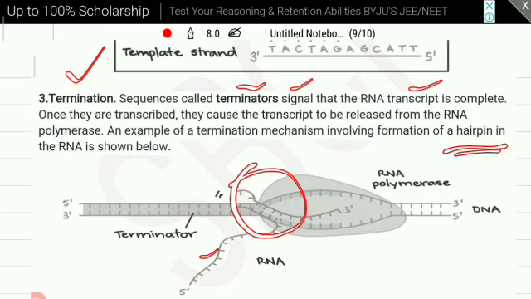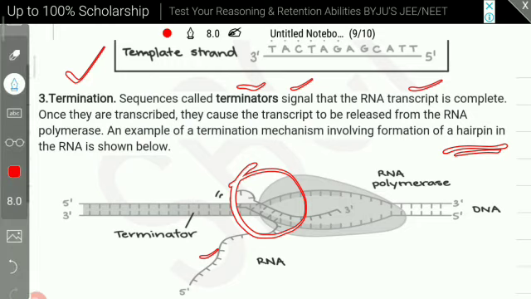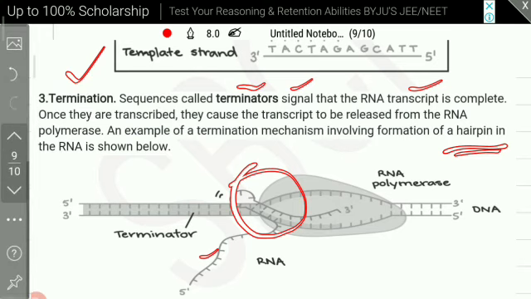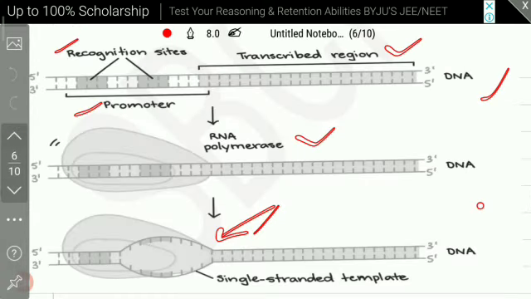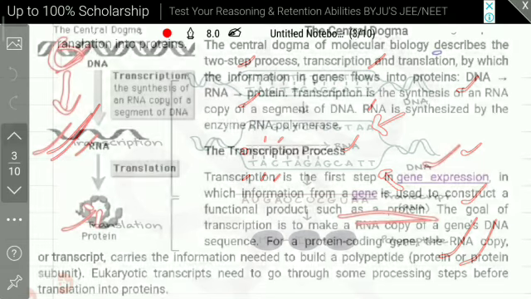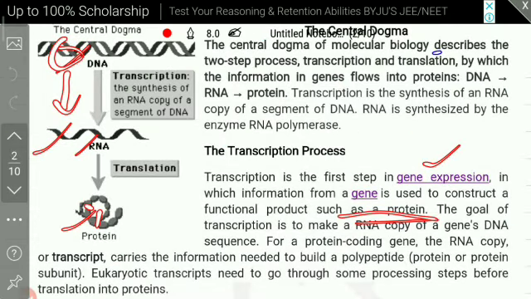So far we have seen the central dogma of molecular biology. In the central dogma, we explained how information is passed from DNA to RNA, and RNA to protein. And later we explained the transcription process.